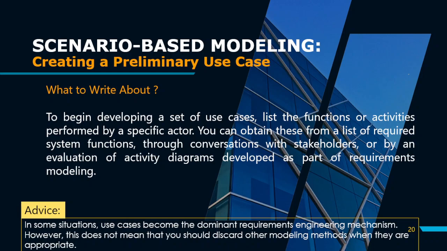After you get these functions, you can design the use cases. Sometimes we have to go to the extent of developing activity diagrams and swimlane diagrams, which we are going to see in a few minutes.